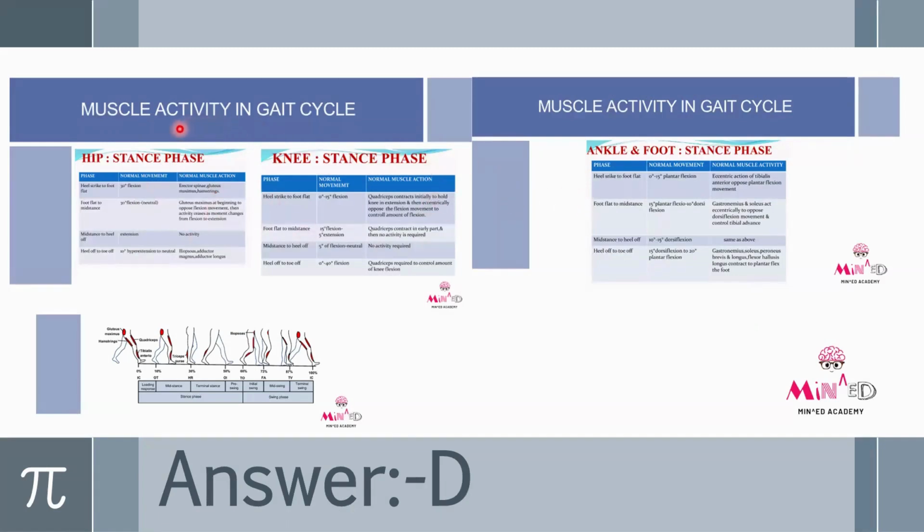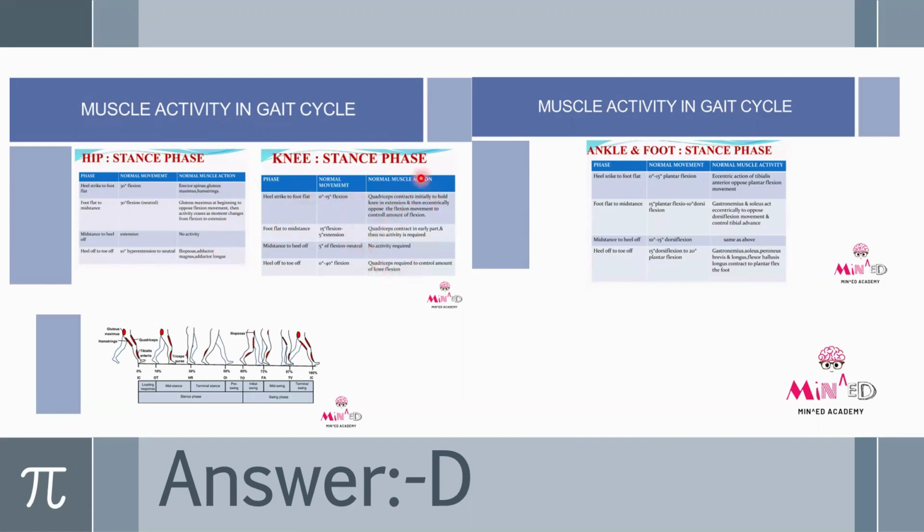So if you see in stance phase, in hip stance phase, we have erector spinae muscle, gluteus maximus, hamstring, gluteus maximus at beginning, then activity ceases, and then we have erector spinae muscle, gluteus maximus, hamstring, iliopsoas, rectus magnus, rectus longus. Then in knee, we have quadriceps.